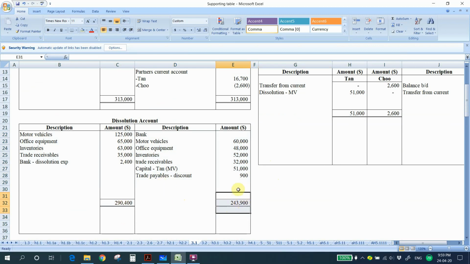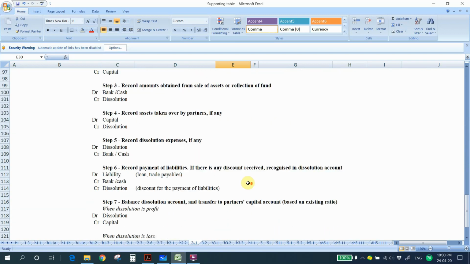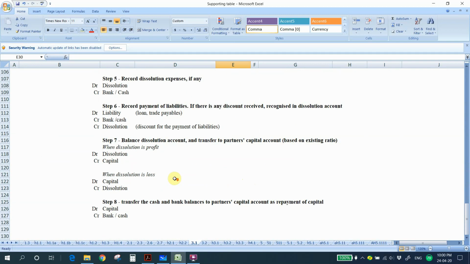So we know that the balancing amount should appear on the credit side. So when your balancing amount appears on the credit side, this refers to what? Let's have a look. When the balancing amount appears on the credit side, it means that this is a loss on dissolution.